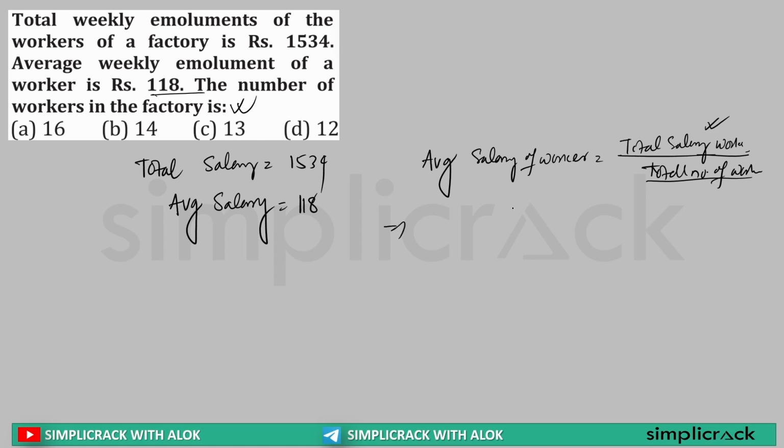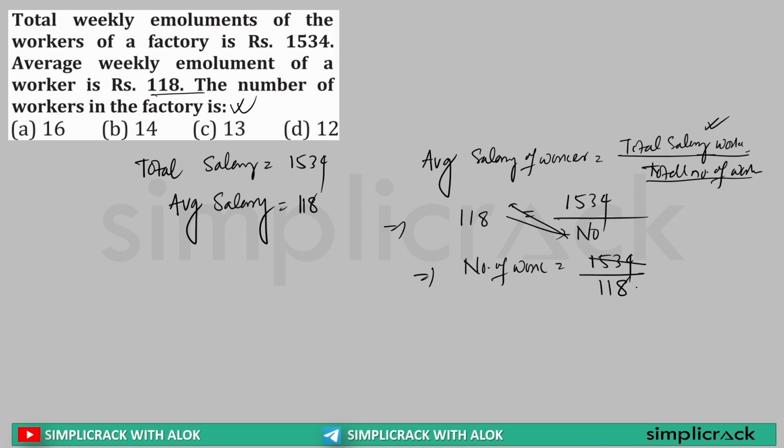Now it has given average salary, sir, 118 is equal to total salary, that is 1534, divided by total number of workers, which is unknown, so I will keep it as number of workers. Now, this will cross multiply, and this can be written as number of workers is equal to 1534 divided by 118. Yes or no?